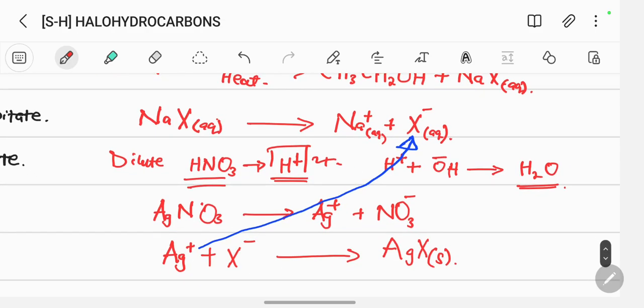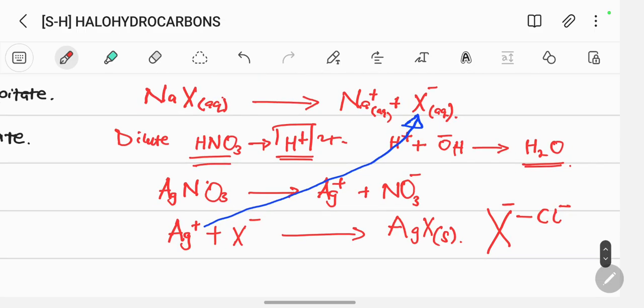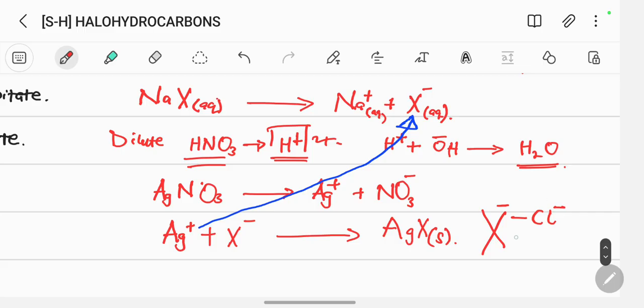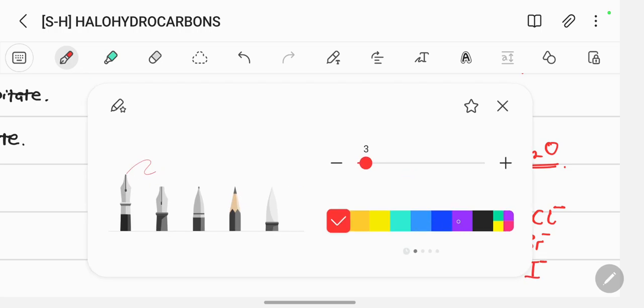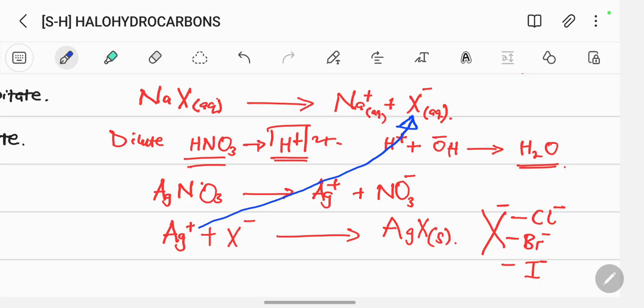So if this X is a chloride, then it gives a white precipitate. If it's a bromide, it gives pale yellow. If it's an iodide, it will give us yellow.